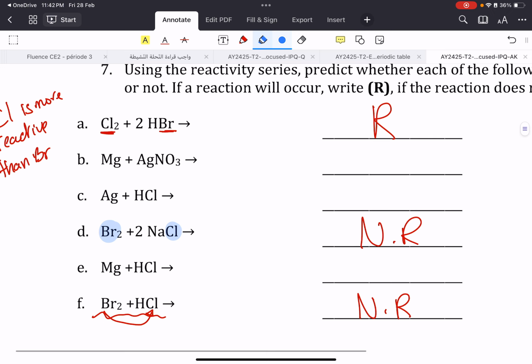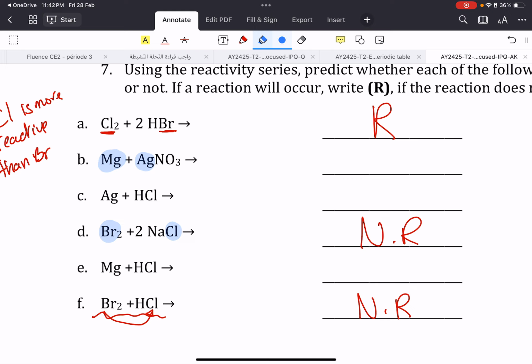Cl is a non-metal. Na is a metal. So if I'm going to check the replacement, I will see if a non-metal can replace a non-metal, or a metal, like for example in this case magnesium, if it can replace another metal.